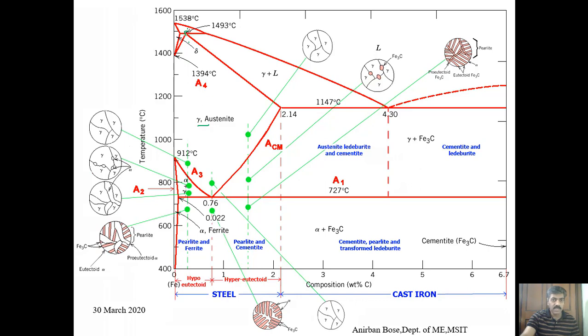So what kind of reaction is taking place here? Delta iron plus liquid was there, and upon cooling along this line, it will form a single phase solid solution which is gamma. So one solid phase plus liquid upon cooling will lead to austenite or gamma iron. So this is again an invariant reaction, if you remember.